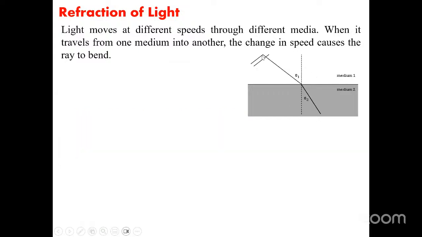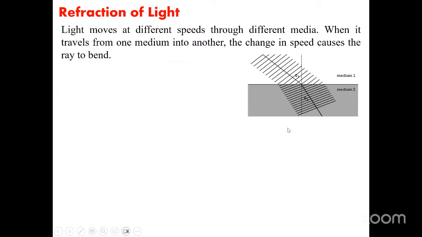Next, refraction of light. You can see this picture. The incident ray, where two different media are there, medium 1 and medium 2, rarer and denser. This dotted line is the normal. The incident ray is incident at the normal, and it is refracted. What do you mean by refraction?